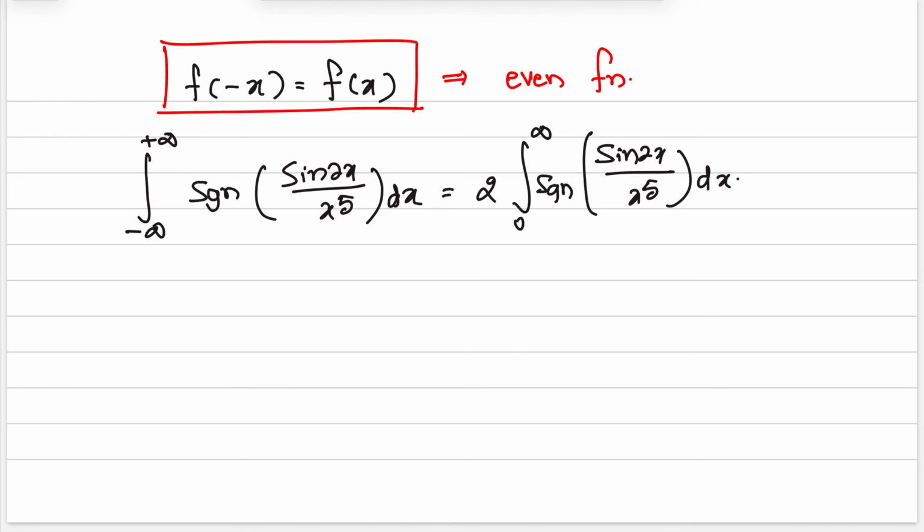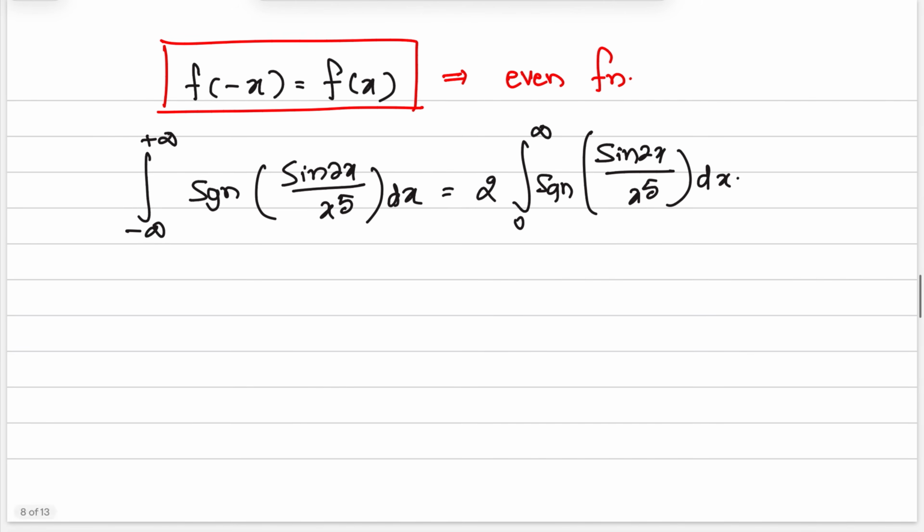For example, here this I can write as 2 into the integral from 0 to infinity, signum of x to the power of 5, I can write as signum x, and 1 by x to the power of 5 signum 1 by x, signum x is equal to signum x.